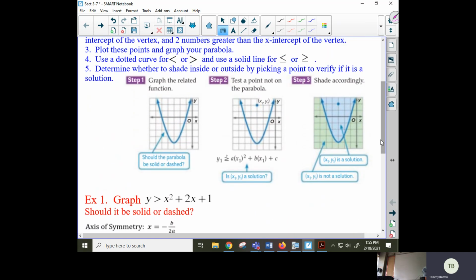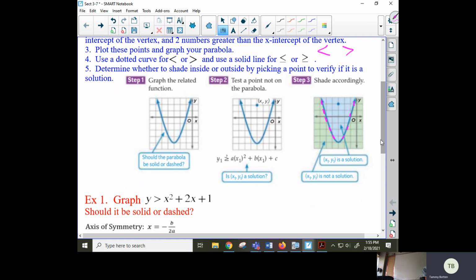So there are 2 different types that we're going to be doing. Just to explain how you would do this, we're going to graph parabolas just like we did at the beginning of chapter 3, so that's a good review. The difference is if it's a less than or greater than sign, you're going to have a dashed line on your parabola, which I always forget to do.